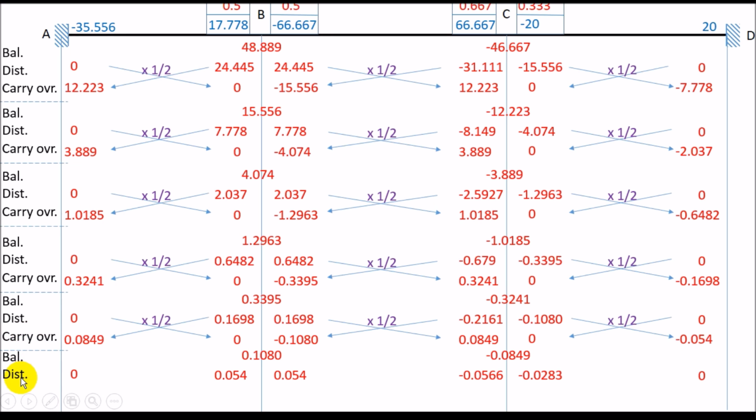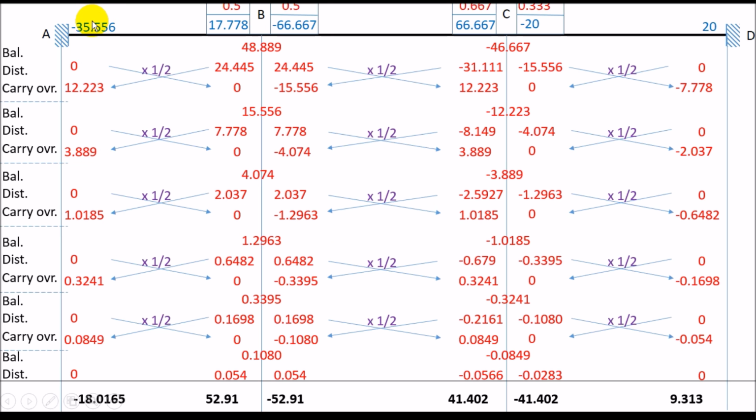You should always end it on the distribution step. So although we were getting very low values, we could not end it over the carryover step, thus we did another iteration and ended it over the distribution step. Now this is our final step, and we just have to add all the values now.